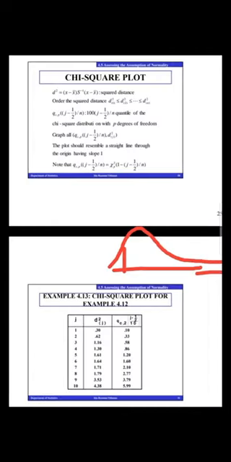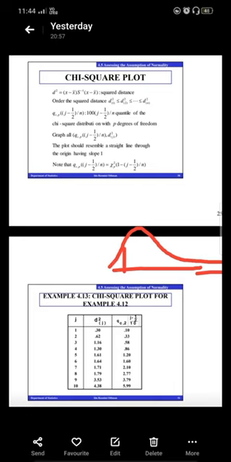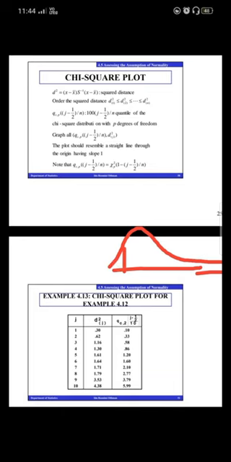Yang kita nak ni sebenarnya the value of alpha untuk chi-square plot ni, adalah value here yang kat tepi ni yang I buat ni.